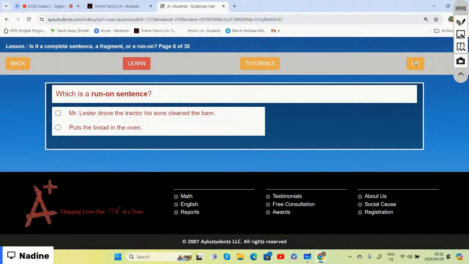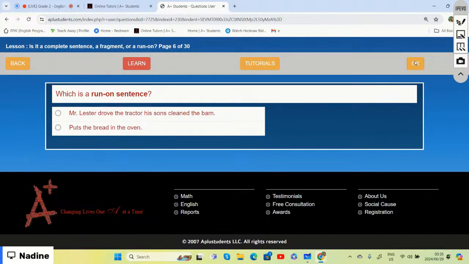All right, let's do this one, and then we're going to unscrambling the words. We need to find a run-on sentence, right? Is it Mr. Lester drove the tractor, his sons cleaned the barn, or put the bread in the oven?